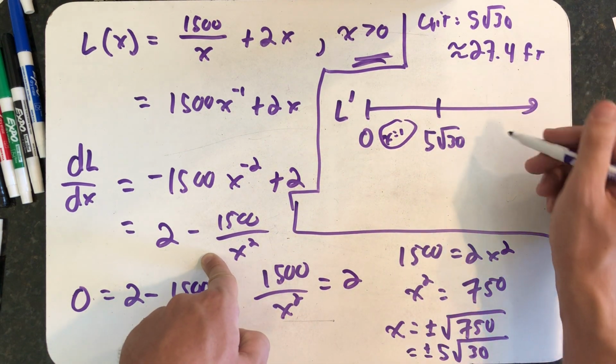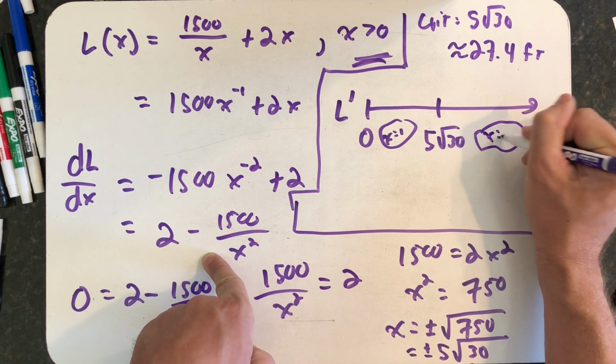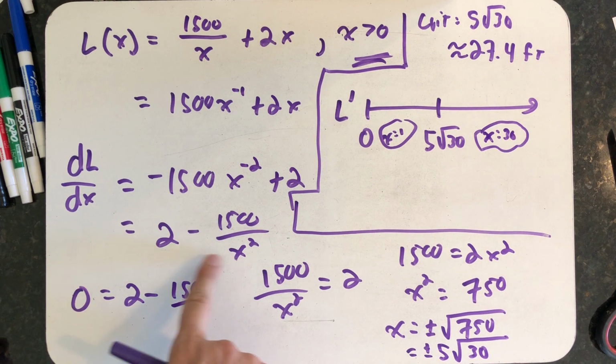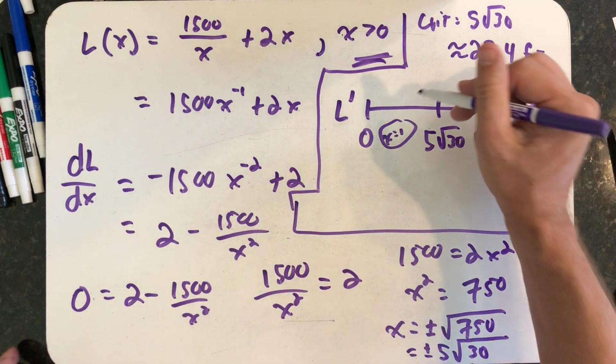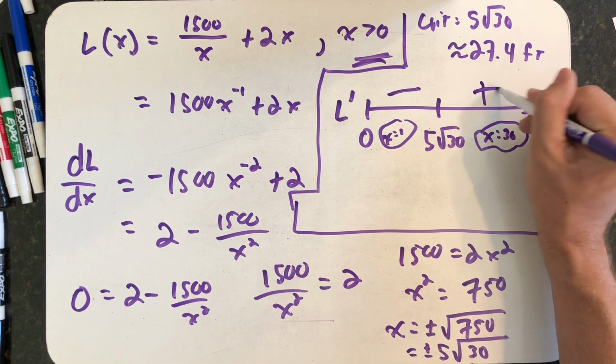And on this side, something bigger than 27.4, that'll be easy to handle. Let's say x equals 30. Well, plugging a 1 in here, I'd have 2 minus 1,500. Well, that will assuredly be a negative value. And plugging in a 30, let's see, I'll have 2 minus 1,500 over 900, which gives me 1/3, which is positive.